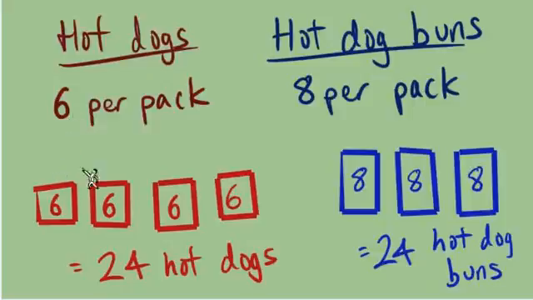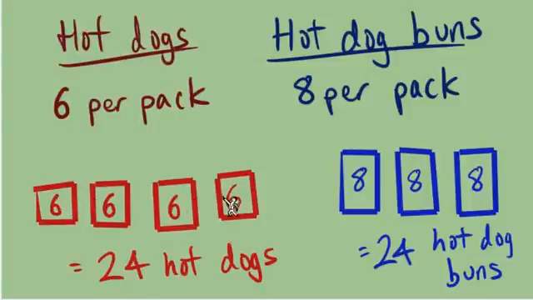If we were to get 4 of these 6-packs and 3 of the 8-packs, that's going to leave us with exactly 24 hot dogs and 24 hot dog buns. So it's a way that we can take two different numbers and see how we can build these two different numbers up so that they equal the same thing. Now, how we build them up is usually going to be different.